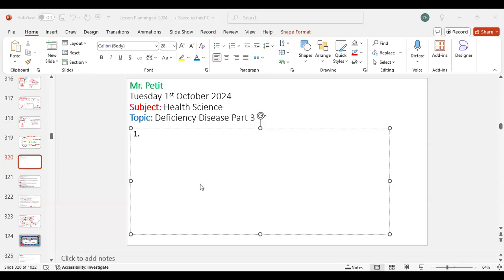And Aiden, where's Aiden? Yes, sir. For vitamin C, what sources can we find vitamin C in?